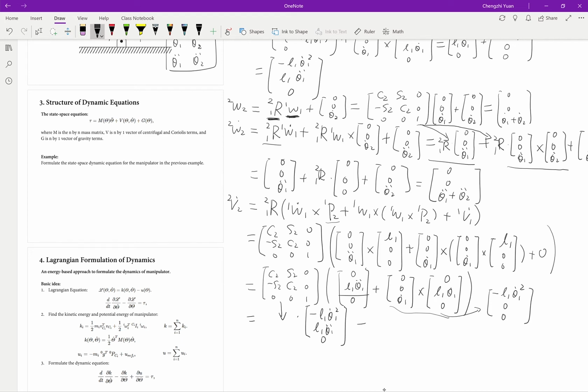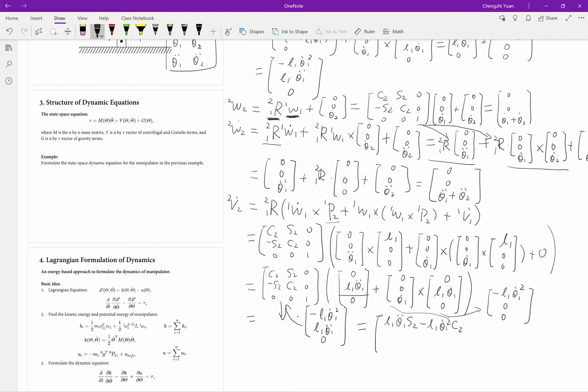After you multiply by the rotation matrix, the final result would be: the first element is L1 theta 1 double dot S2 minus L1 theta 1 dot square C2.